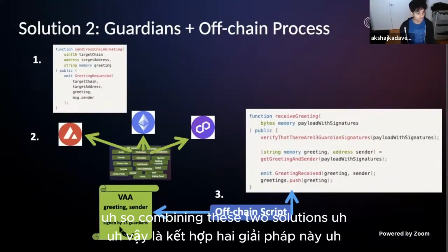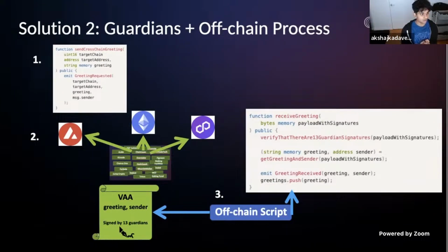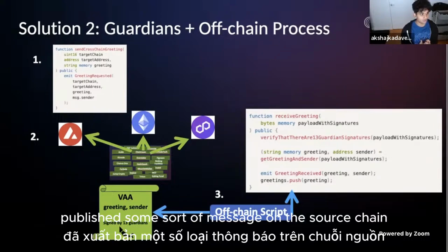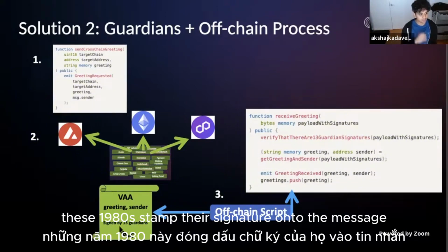So combining these two solutions, this is very close to how Wormhole works right now. You publish some sort of message on the source chain as an event in the blockchain log. These 19 entities stamp their signature onto the message.